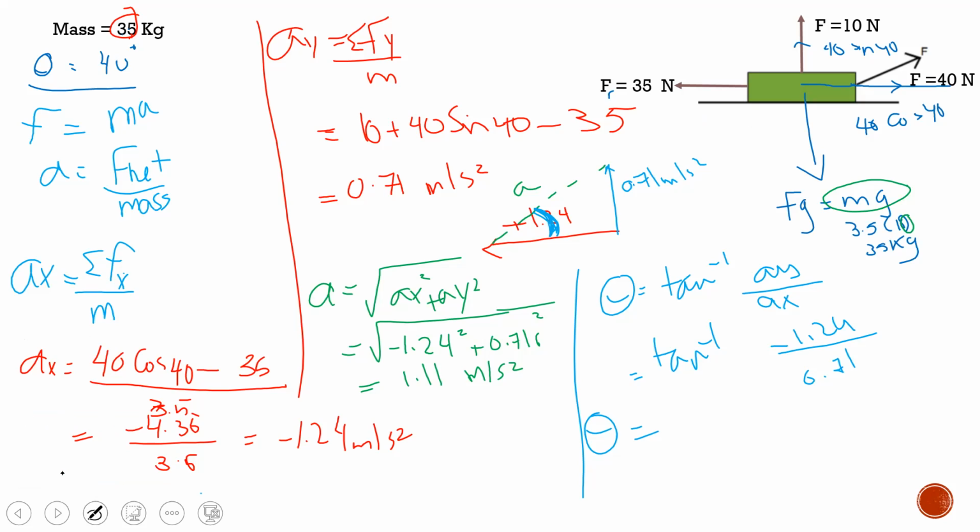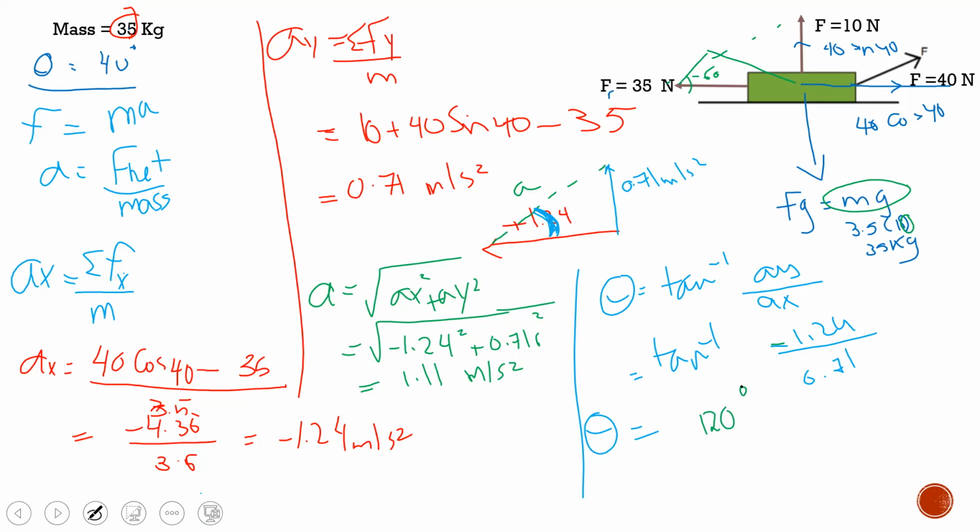As you see, the tan inverse is negative 60. So this negative 60 means it is 120.